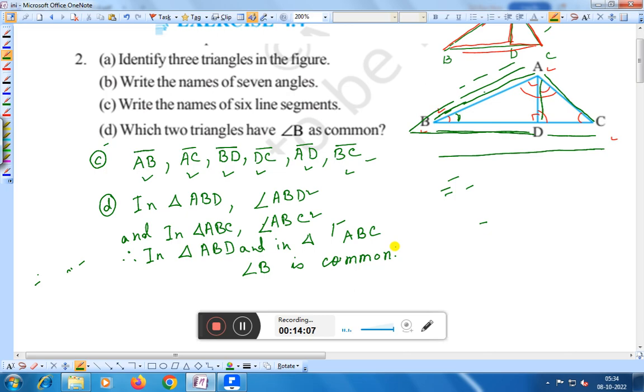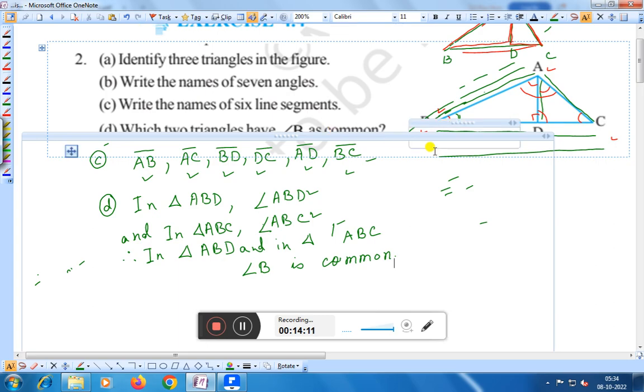Now again we are explaining. Here you see the 6 line segments are AB, AC, BD, DC, AD and BC. Which two triangles have angle B as common? Here you see that in triangle ABD this angle is common, and in triangle ABC this angle is common. Angle B is common. Therefore we can say that in triangle ABD and in triangle ABC angle B is common. This is the solution of question number 2.